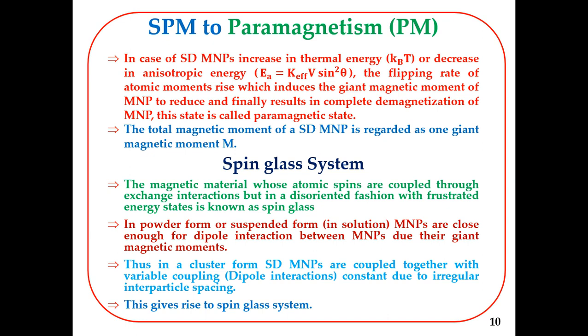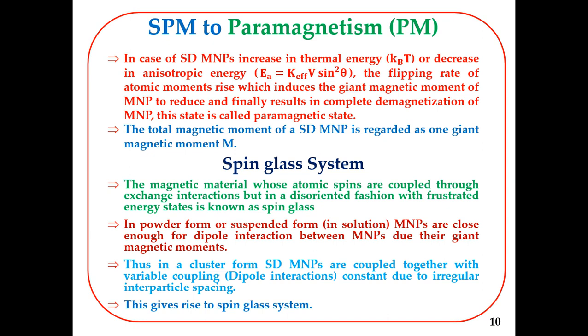In spin glass systems, we can observe this in bulk material when we dope some magnetic ions into some non-magnetic material. We can also find the spin glass in nanoparticles, which is composed of two behaviors: surface spin glass and super spin glass.